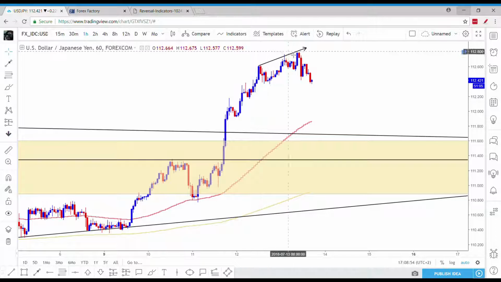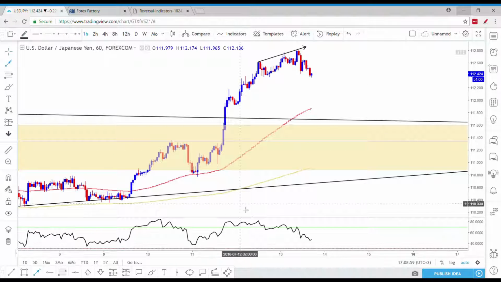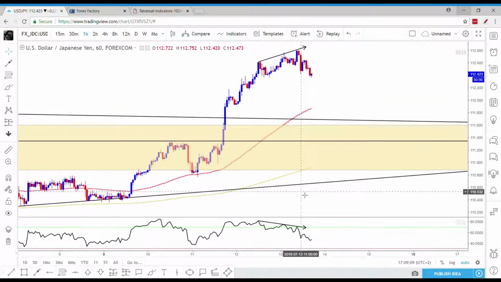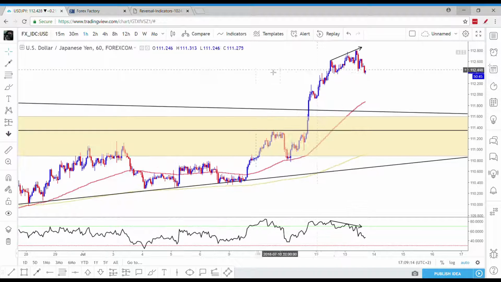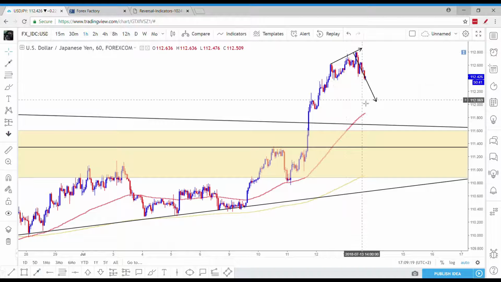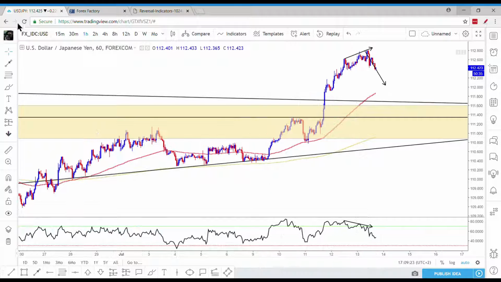There's this high and it makes another high. However, the RSI made that high, so it's this one, and it's not making another high, just like the price, it's making new lows, which shows a bearish divergence, which indicates a bearish momentum. And what can we see now? Well, dollar yen is going down, okay? So that's part of our confluences when we want to trade.